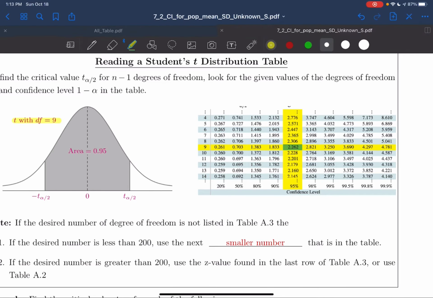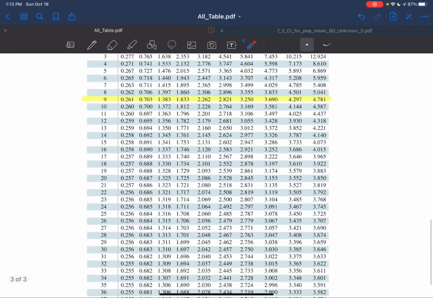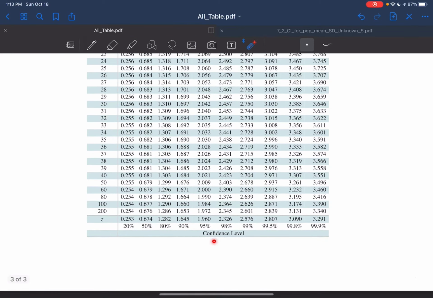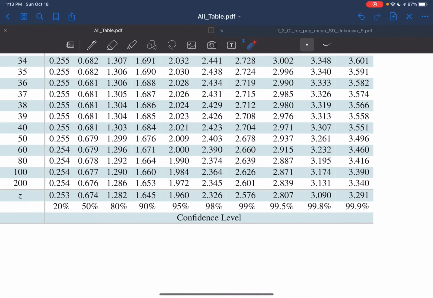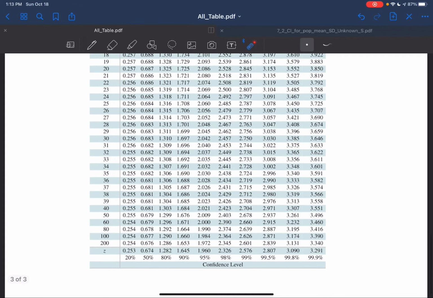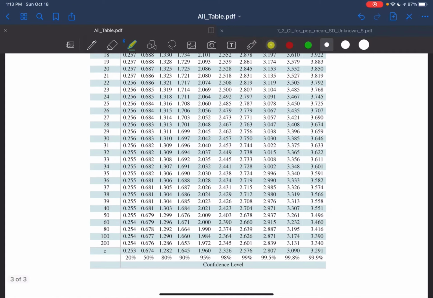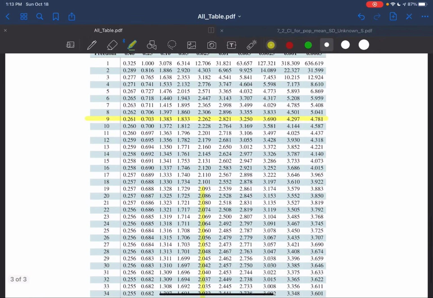And then you want to look for which confidence level we are dealing with. In this example, we use a 95% confidence level. So if you look down here on the confidence level, you look at 95, because that's what we're looking at. And you want to see where they intersect.